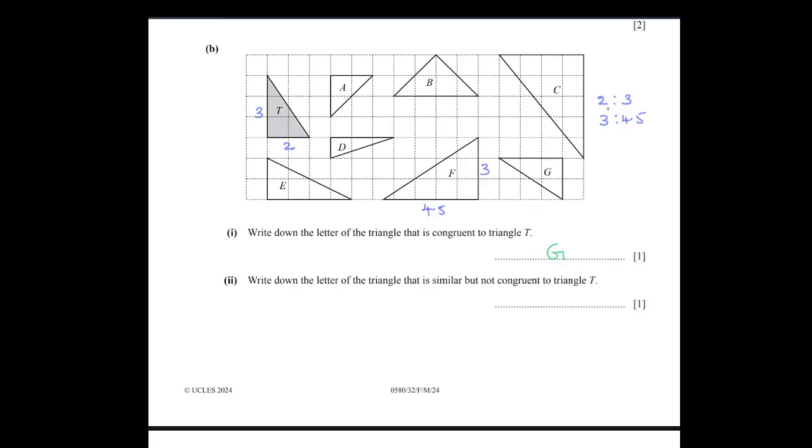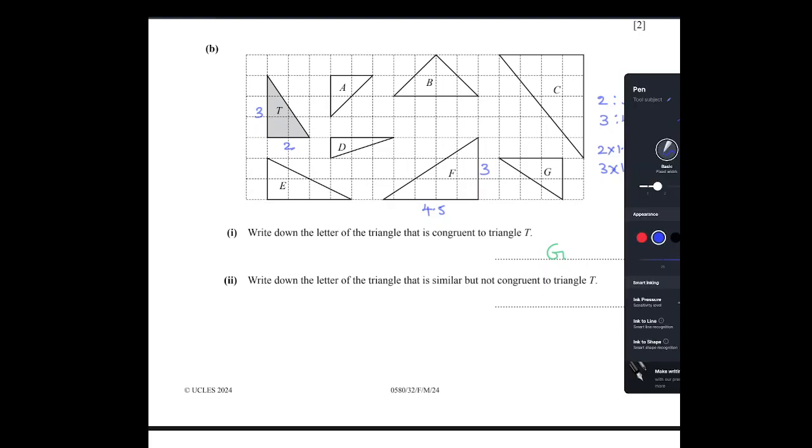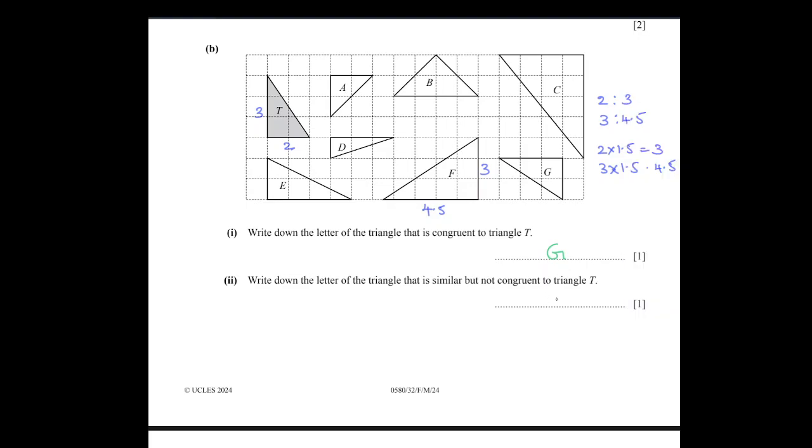So if I take the same multiple, 2 into 1.5 I get 3 and 3 into 1.5 I get 4.5. So yes, F is the triangle which is similar to T.